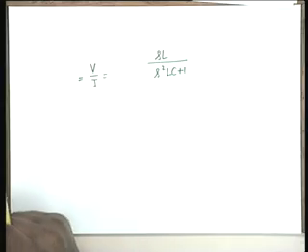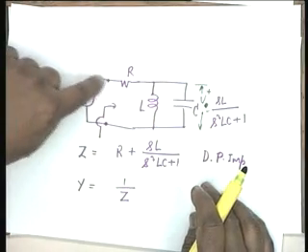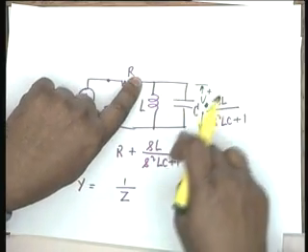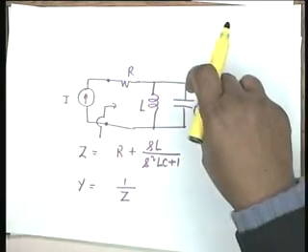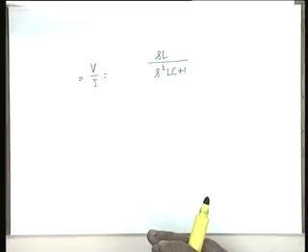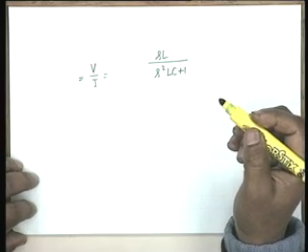Is that okay? Capital I is a current generator, so R does not affect the current. This current flows through a parallel combination of L and C to produce a voltage capital V, and therefore V by I, the transfer impedance, is simply SL by S squared LC plus 1.